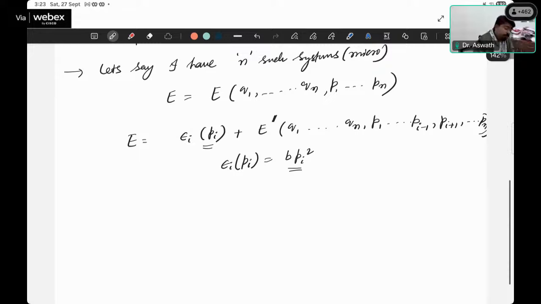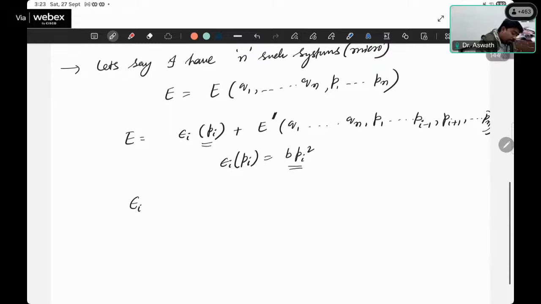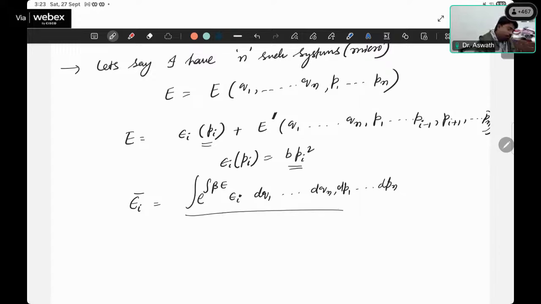Earlier I found the mean energy by taking the probability distribution, multiplying with the energy, and integrating over dq1 to dqn, dp1 to dpn, divided by the integral of exponential minus beta E dq1 to dqn dp1 to dpn.